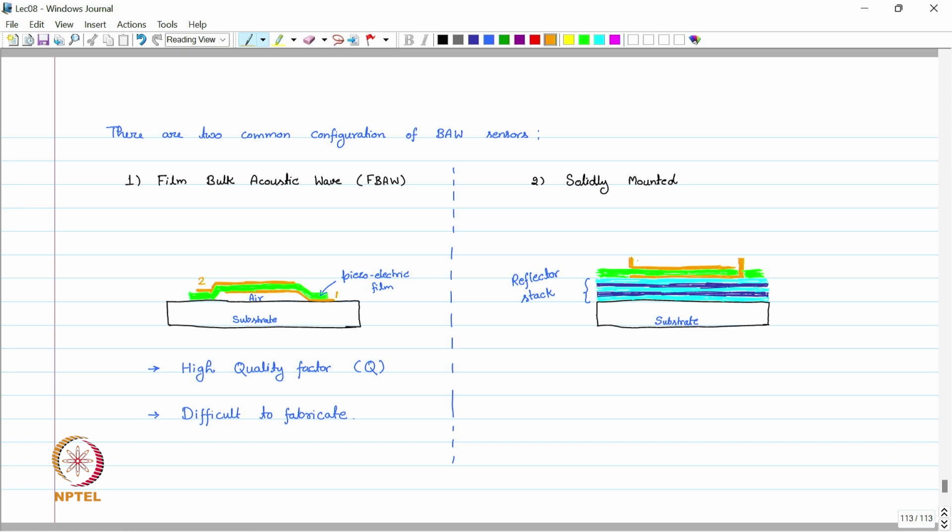This is our second electrode. This is 1, this is 2. This is our piezo film.